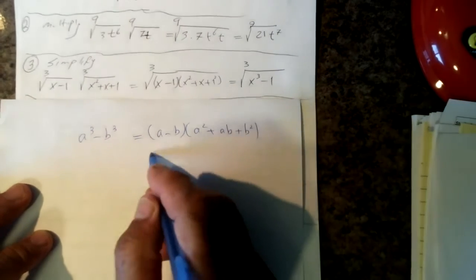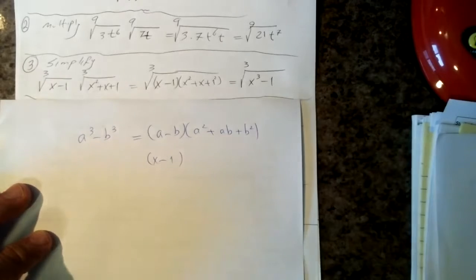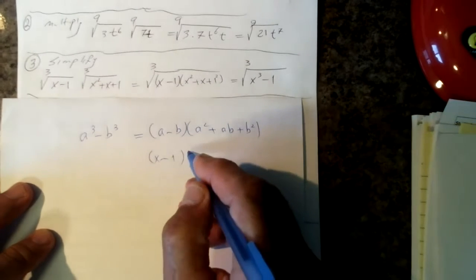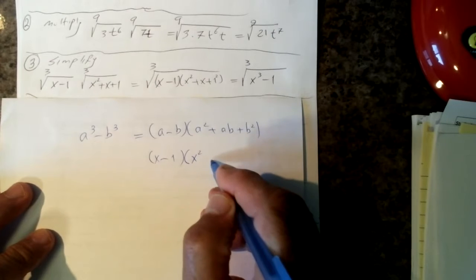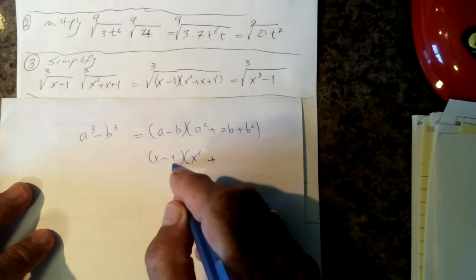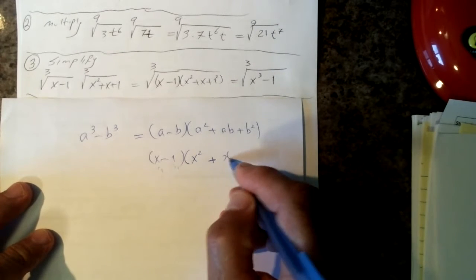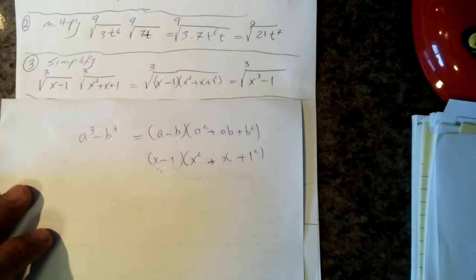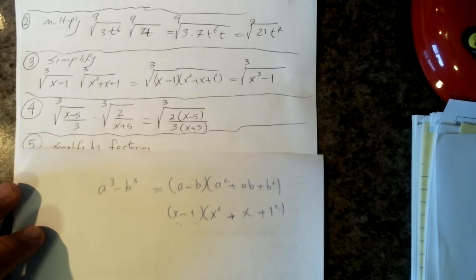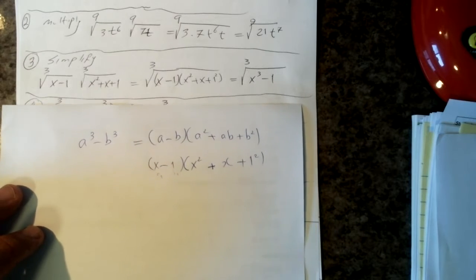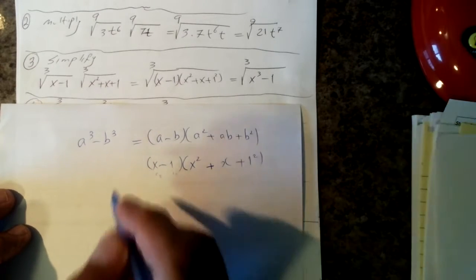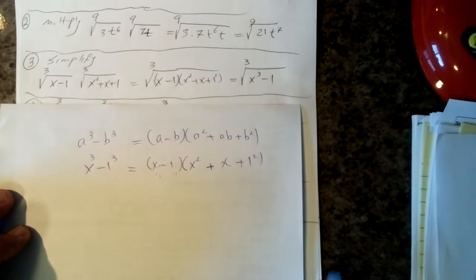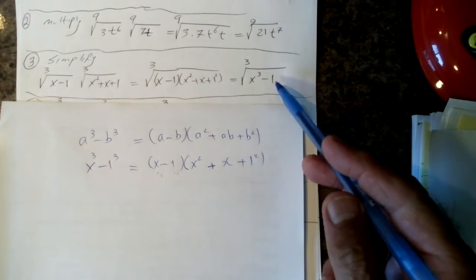So you do have x minus 1, so your a is x and your b is 1. In that case, you have x to the power of 2 plus the multiplication of 1 and x, which is just x, plus 1 to the power of 2. So that gives you x to the power of 3 minus 1 to the power of 3, which is x cubed minus 1.